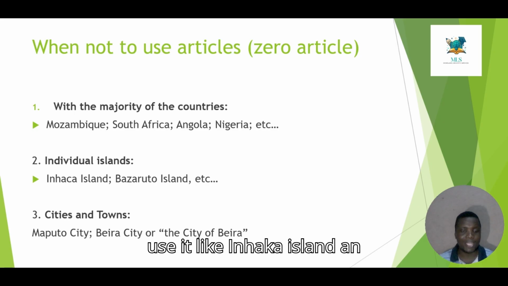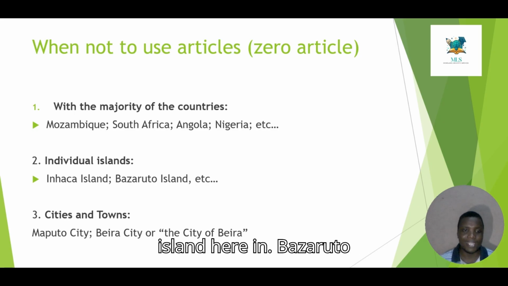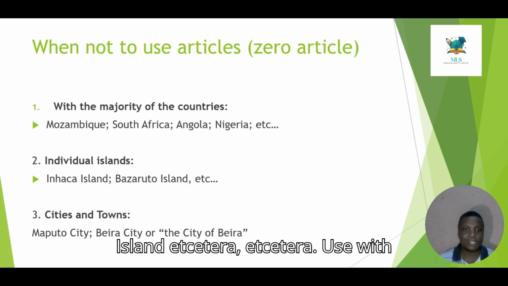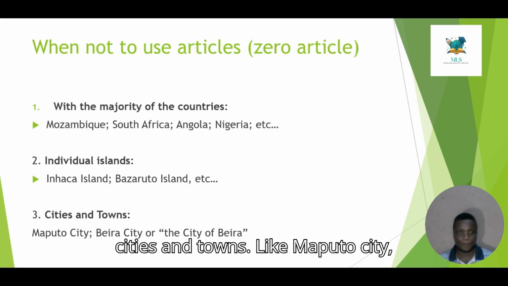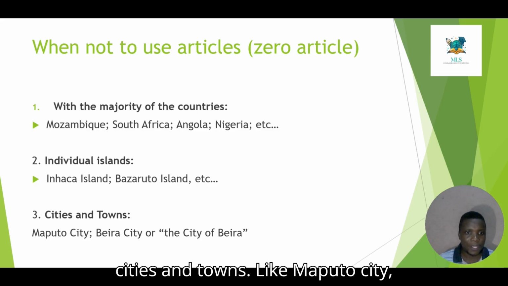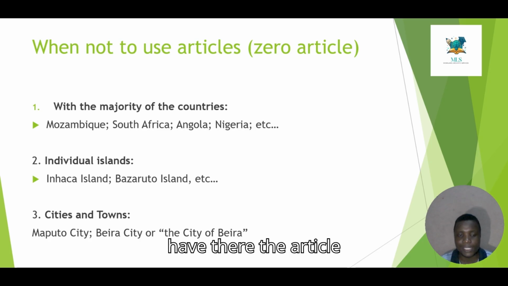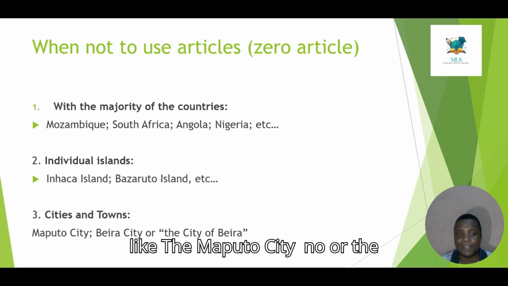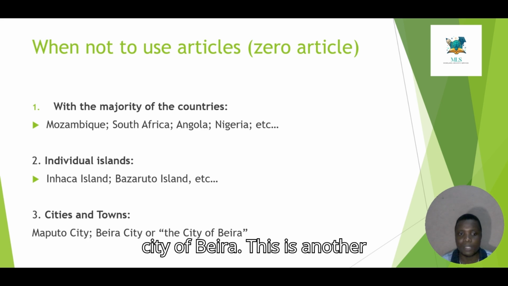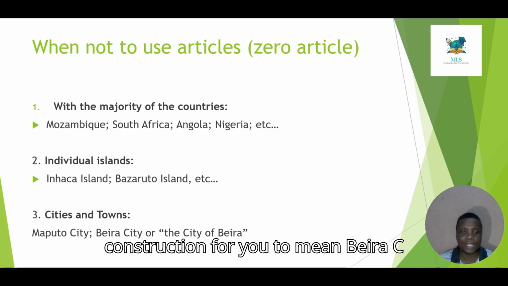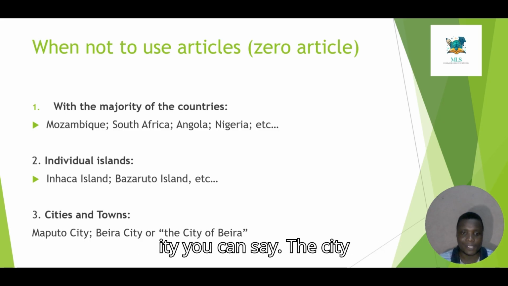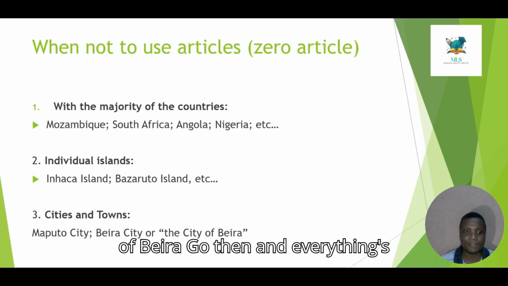Like Inhaca Island, an island here in Maputo City, Bazaruto Island, etc., etc. Use with cities and towns like Maputo City, Beira City. So you don't have the article there, like the Maputo City, no. Or the city of Beira. This is another construction for you to mean Beira City. You can say the city of Beira. Good, and everything is fine.